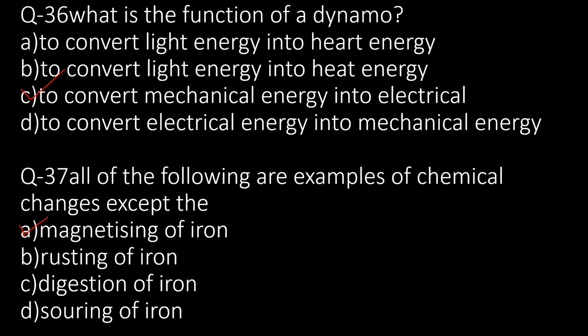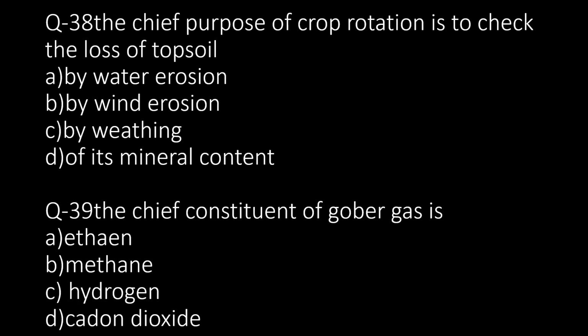Our next question is, the chief purpose of crop rotation is to check the loss of topsoil, and the right answer is option D, of its mineral content. Our next question is, the chief constituent of gobar gas is, and the right answer is methane, which is also referred to as gobar gas.